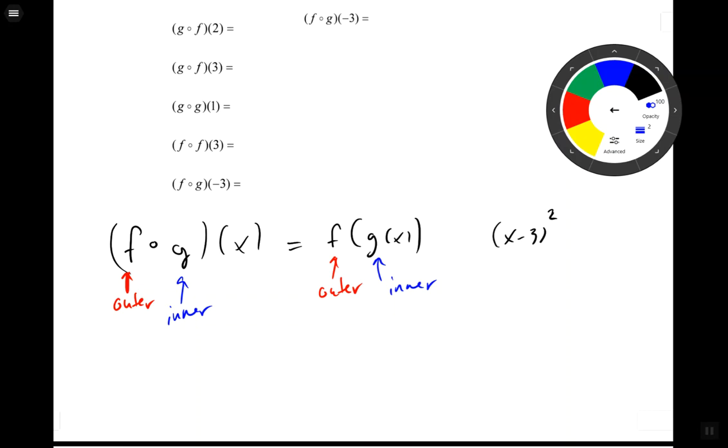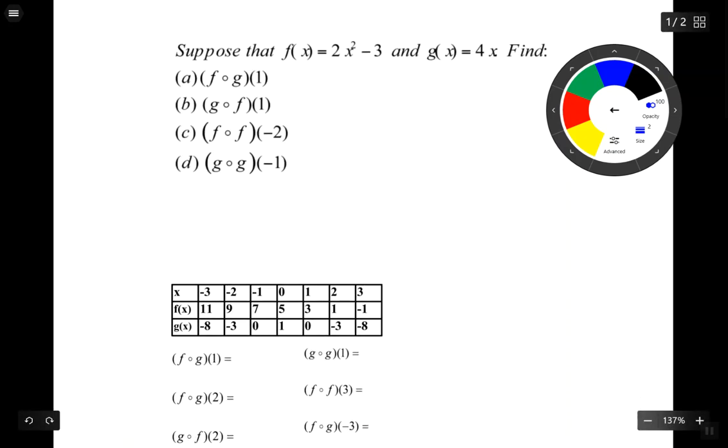So let's go up here and let's see how some of these work. For this one, they're telling me what the two functions are. If I'm doing f o g, that means f is the outer and g is the inner, right? So I'm just going to write right here, this is outer and the g is inner.